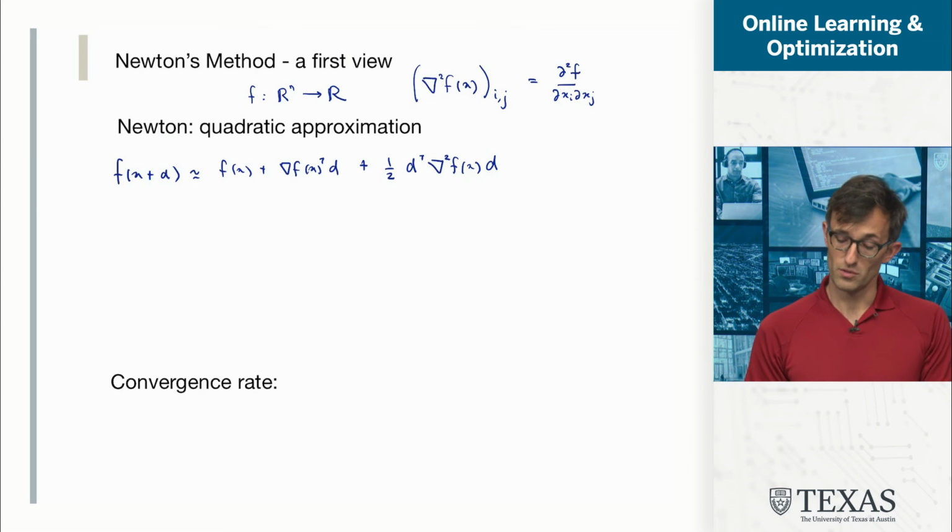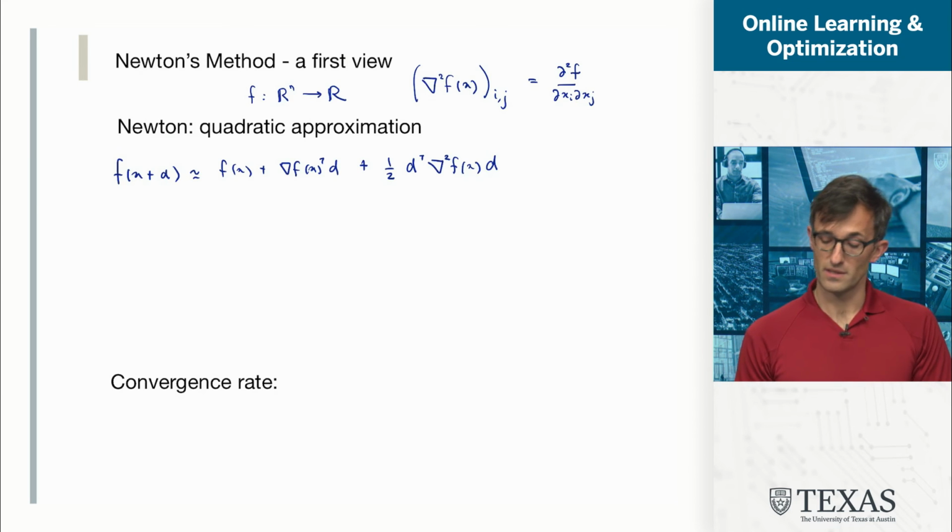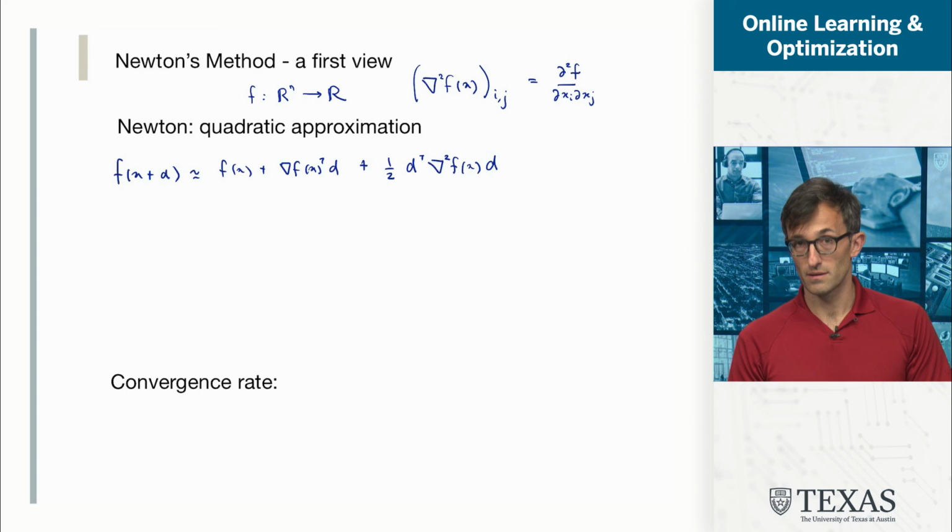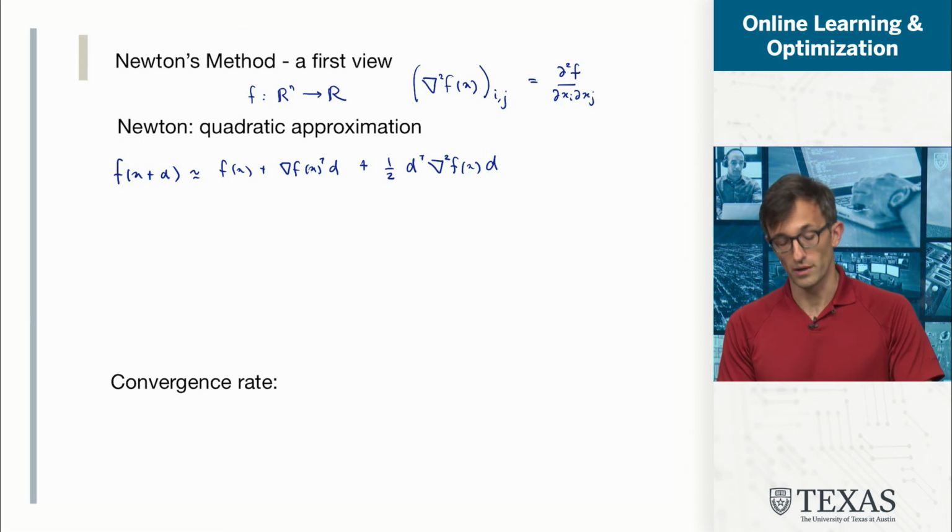And we also know that if f is strongly convex and smooth, then the largest eigenvalue of this matrix is upper bounded by the smoothness, and the smallest eigenvalue is lower bounded by the strong convexity parameter.